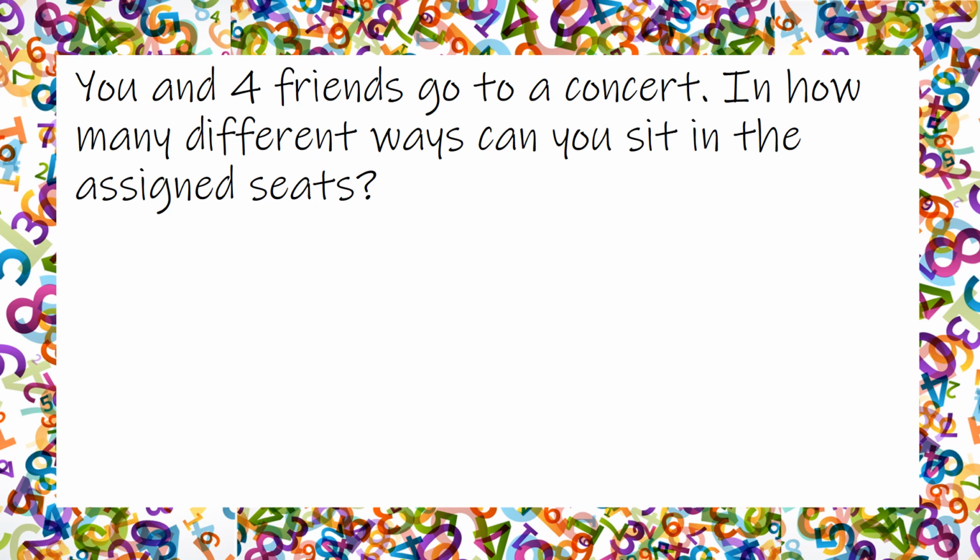You and 4 friends go to a concert, and how many different ways can you sit in the assigned seats? So there are 5 of you total. So you're going to do 5 factorial. And that means 5 times 4 times 3 times 2 times 1.